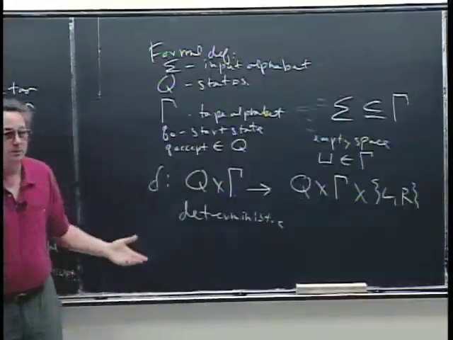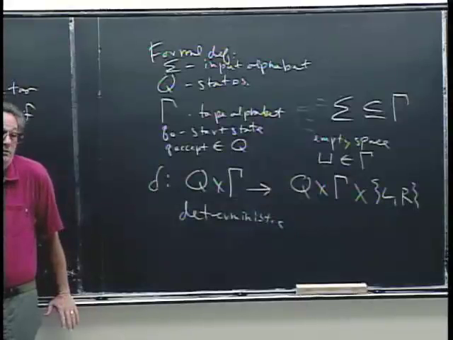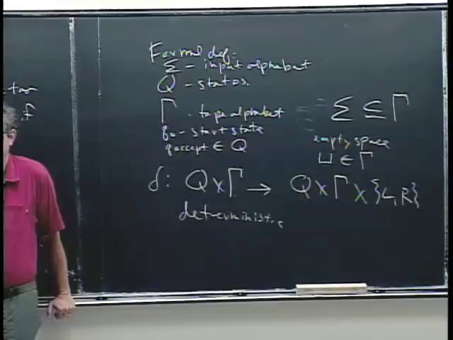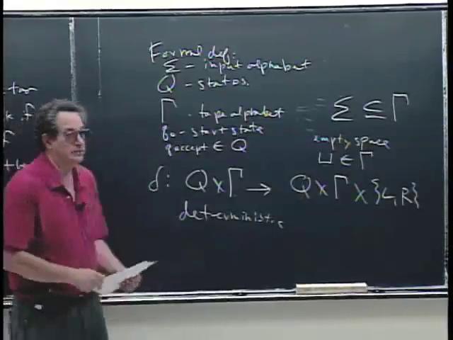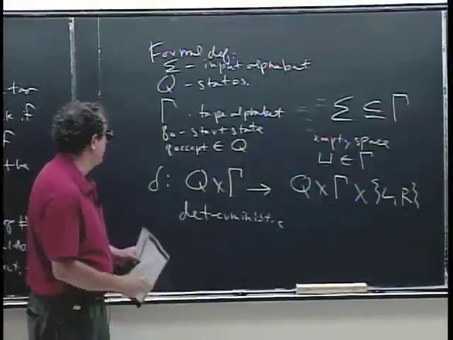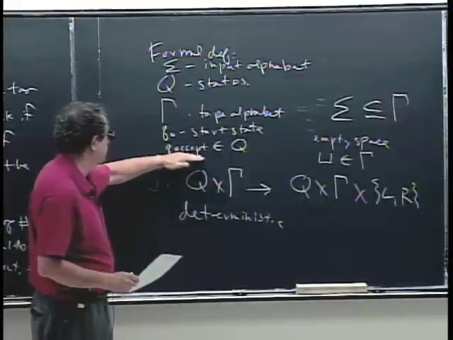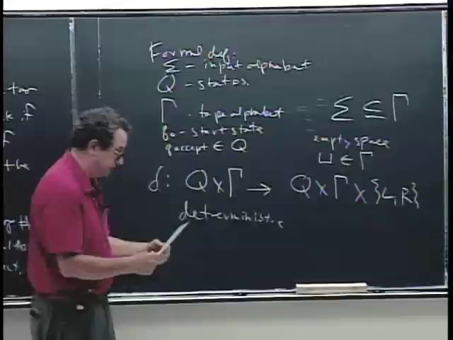Maybe we're thinking of the language of all strings that contain at least one 1. As soon as you see a 1, you accept. You don't have to see the rest of it. But there are many other languages where you have to look at everything. But formally, a Turing machine accepts as soon as it gets into an accept state.